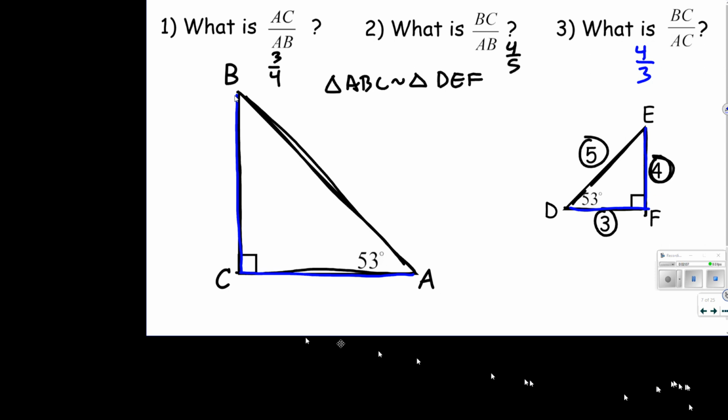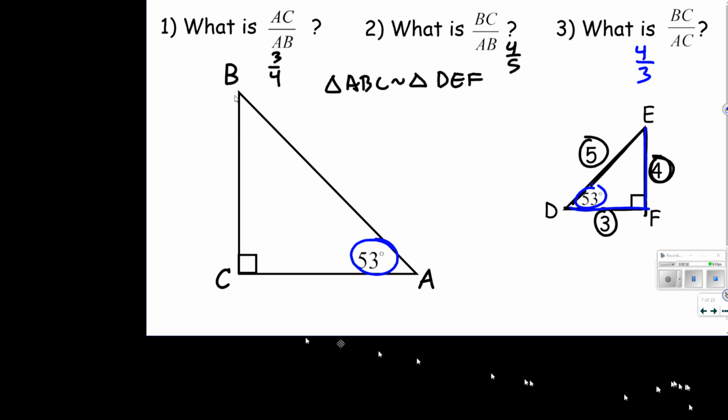Okay, the idea behind this is if I have triangles that are similar, those ratios will always come out to be the same thing. So when we talk about sine, cosine, and tangent, what we're doing is saying that certain angles, for example, this angle A of 53 degrees, correspond to certain ratios. If you look over here, this angle is also 53 degrees.